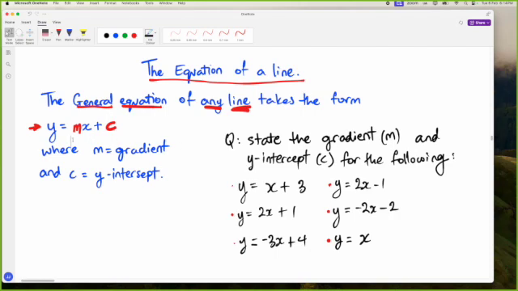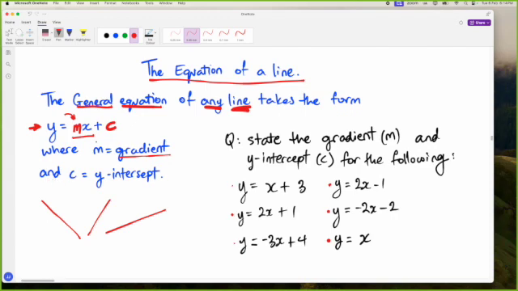The number m, which is the number that is multiplied by x, is actually the gradient of the line. The gradient being how steep the line is. Is the line this steep, or is it this steep? Or what if it's facing in the other direction? So how steep the line is depends on this number m. m is the gradient. We will see that just now, right?